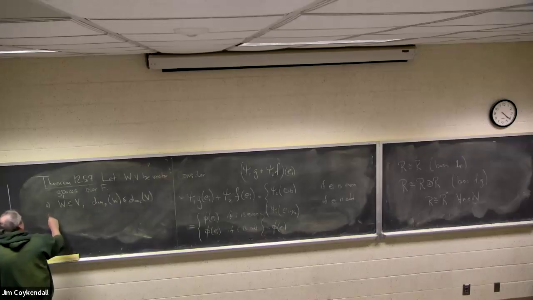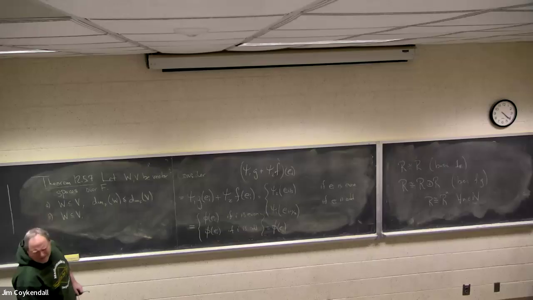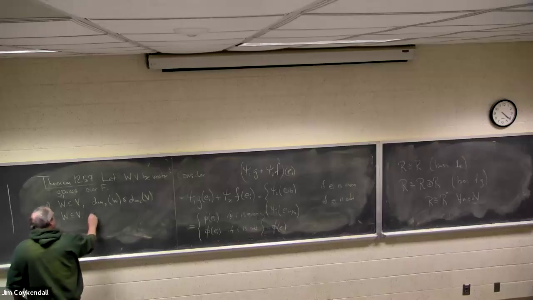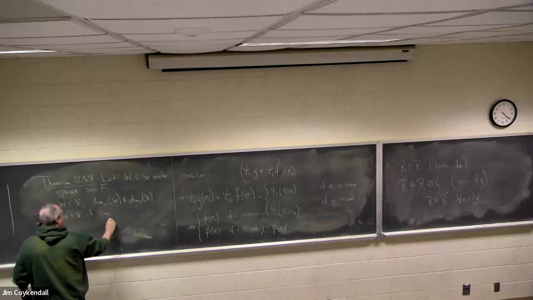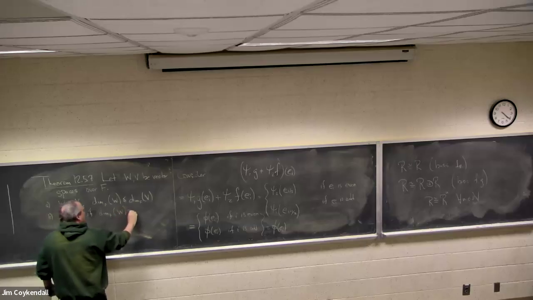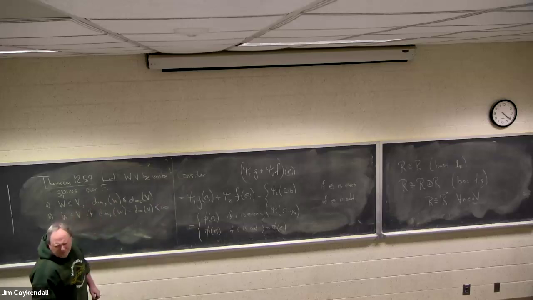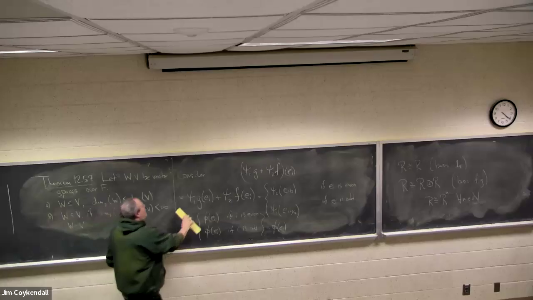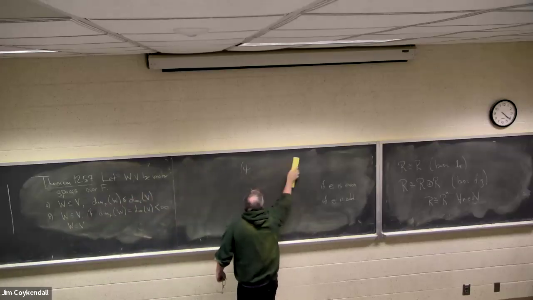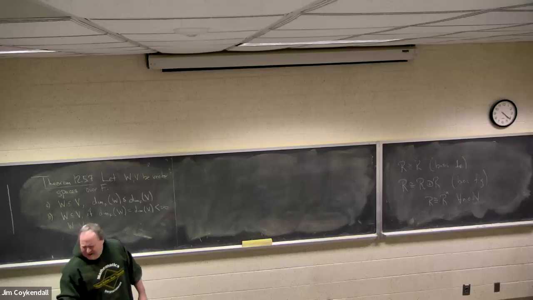B, if W is a subspace of V, and the dimension of W equals the dimension of V, and they're both finite, and that's very important here, then W is V. Without that finiteness consideration, it's wildly untrue. C, dim V.